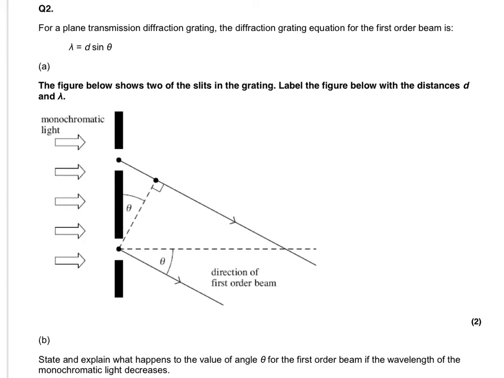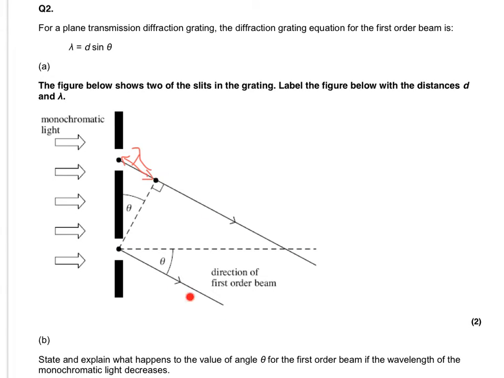The thing to remember when you're deriving the diffraction grating equation is that we're assuming these beams are travelling parallel to each other. If they're going to constructively interfere, their path difference must be a multiple of the wavelength. And if it's a first order beam, the path difference must be the wavelength. So that is this length along here, because that's the difference in distance travelled by this one and this one.